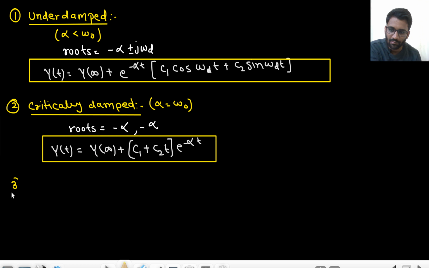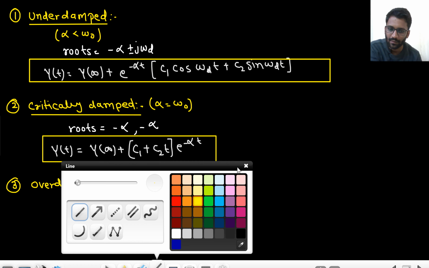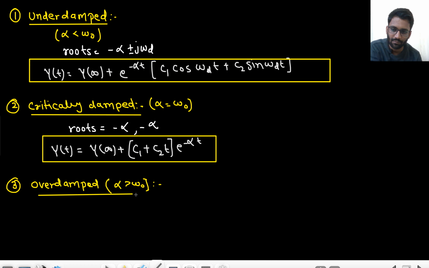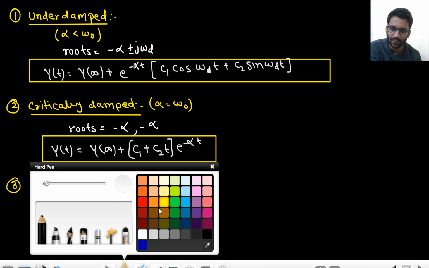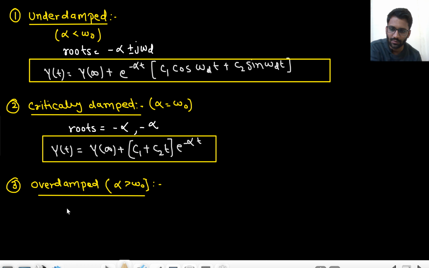Third is for overdamped. What is the case for overdamped? Alpha is greater than omega naught. What are the roots?